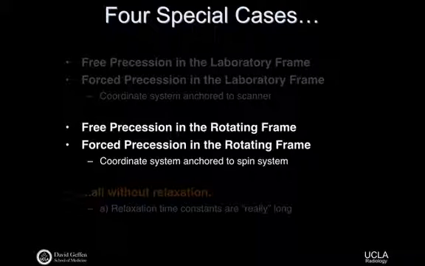And this would give us a way of getting to the system of equations that describe spin behavior in the rotating frame. So what does this determinant expression say about each of the components of our bulk magnetization in the rotating frame? They're constant, right? Whatever they are, however they got to be there, they're just constant.